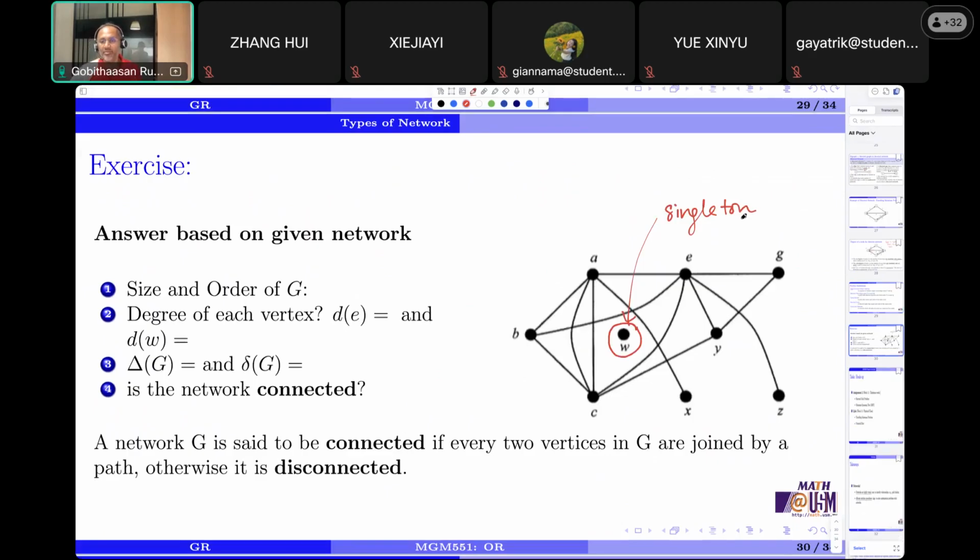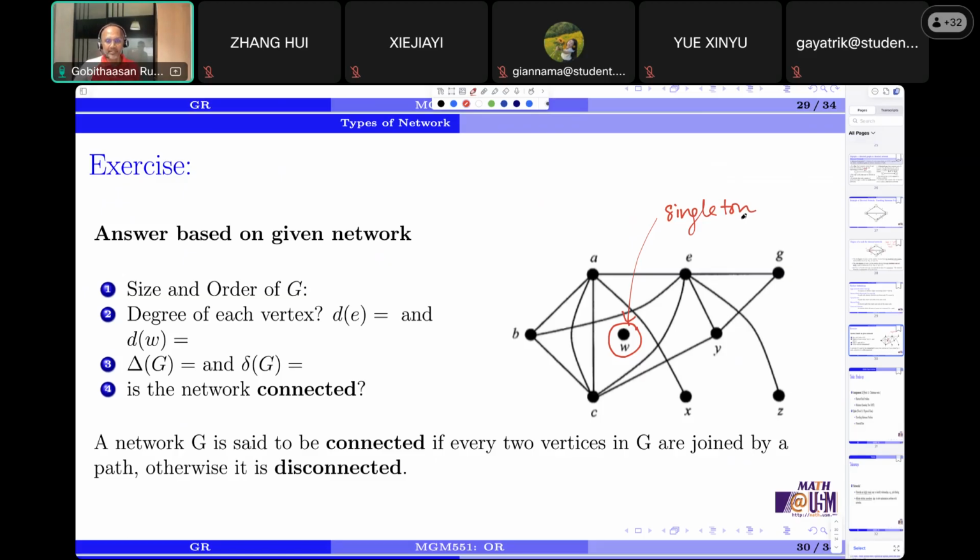So if I were to reach W from any other vertex, it would be impossible. It is a singleton. So this is a disconnected network, right? In fact, this network has two components. One is W, and the other component would be the rest of the vertices connected, right? As you can see.